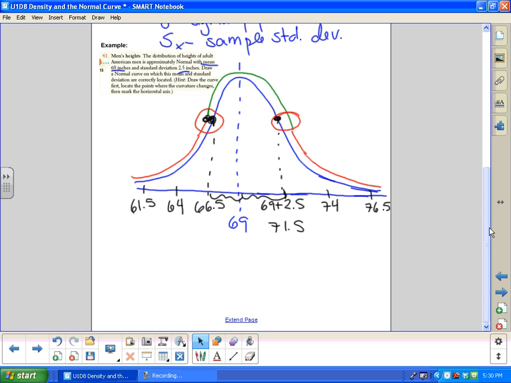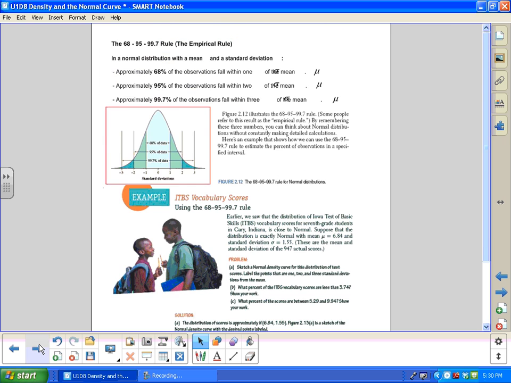Okay, so the last thing we have to talk about is we have a really special rule that applies only to the normal distribution. So we have what we call the 68, 95, 99.7 rule, which is a big mouthful.